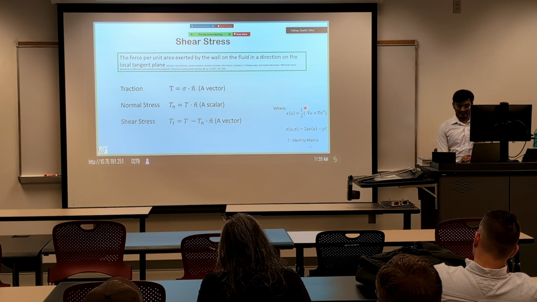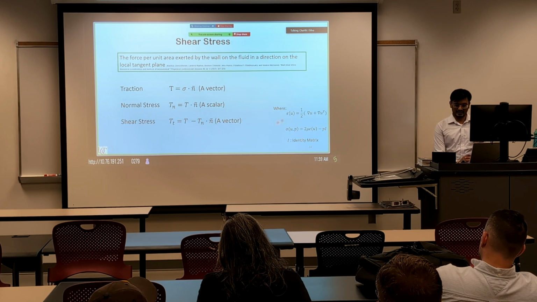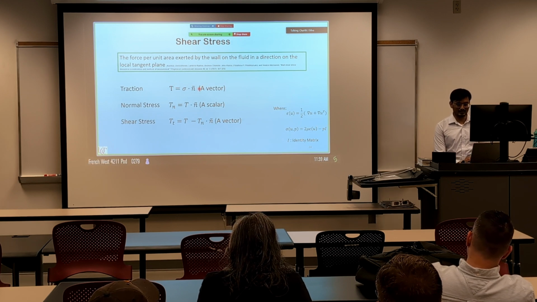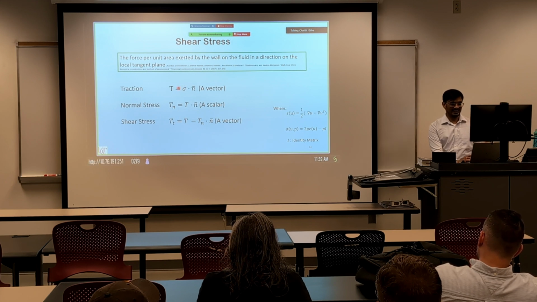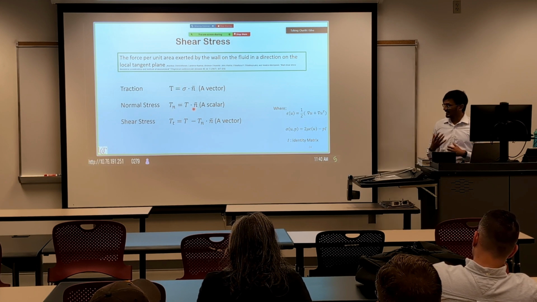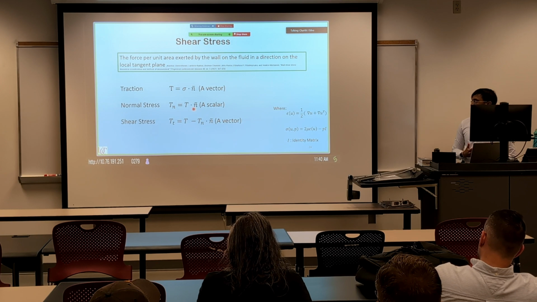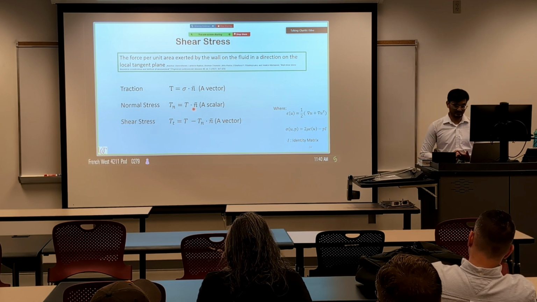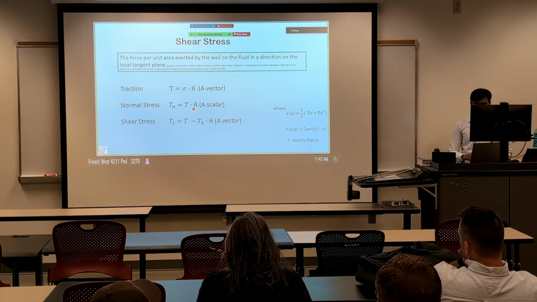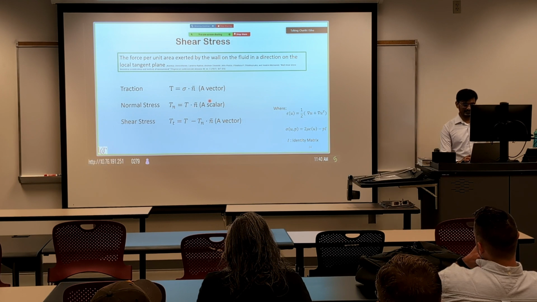As we already know the value of u, we can calculate the stress tensor. Then you can dot it with the normal to calculate the traction, and then dot it once again with the normal to compute the normal stress, that's basically the pressure. Then you can subtract this normal component from the traction to get the shear stress.